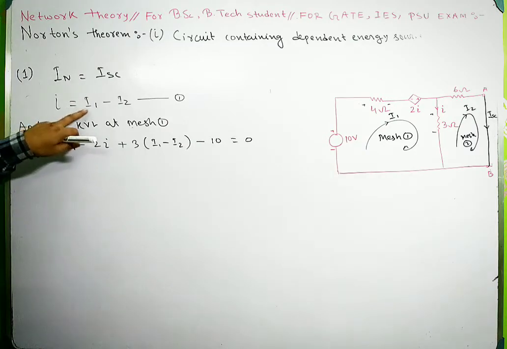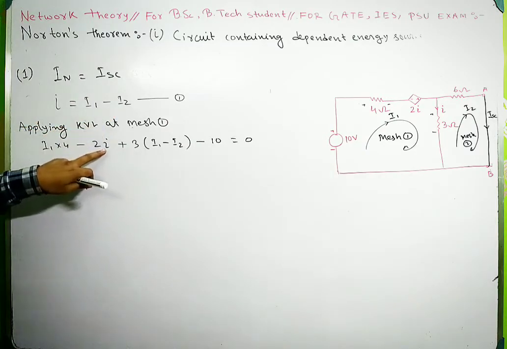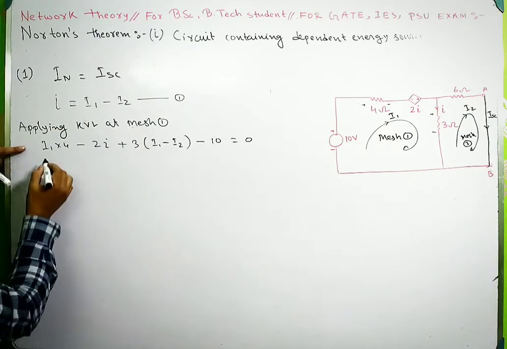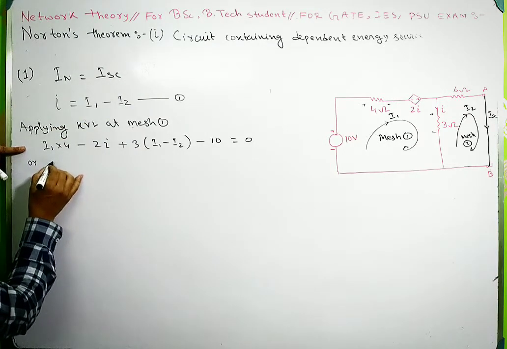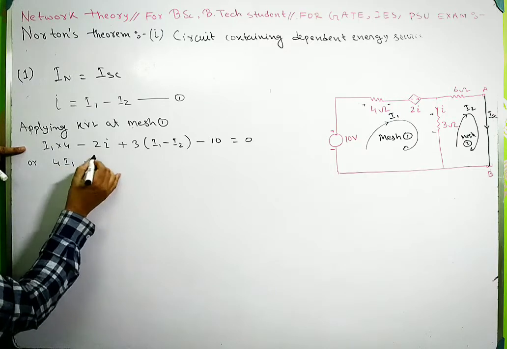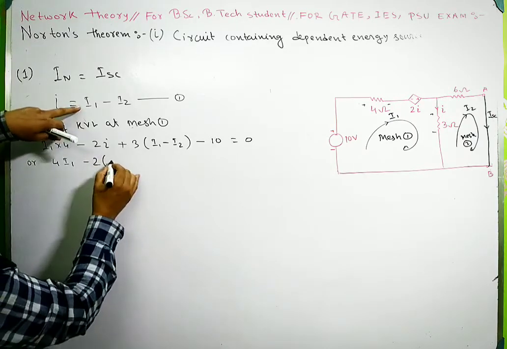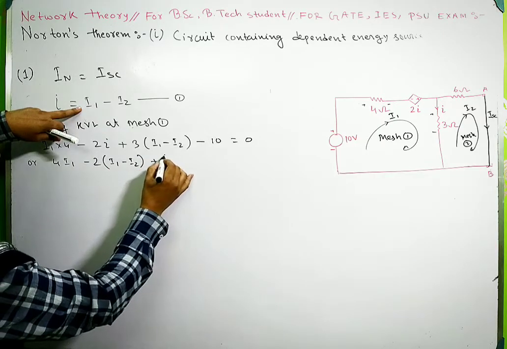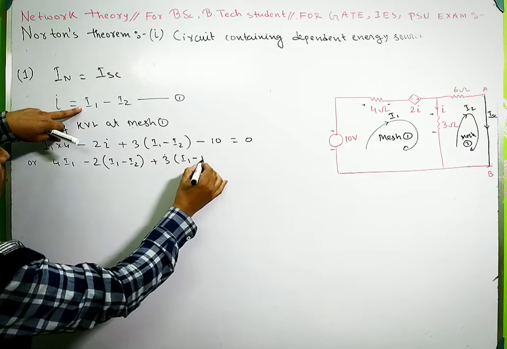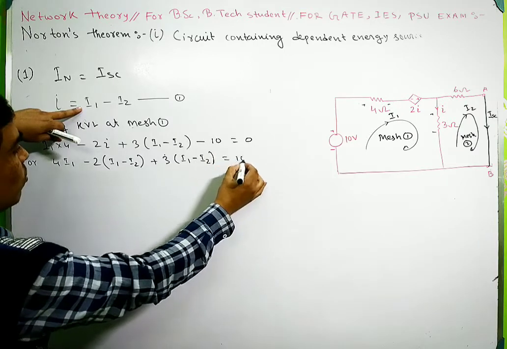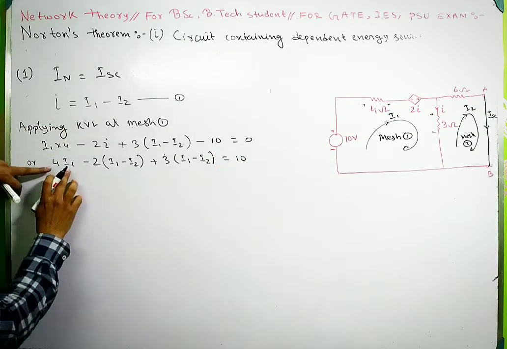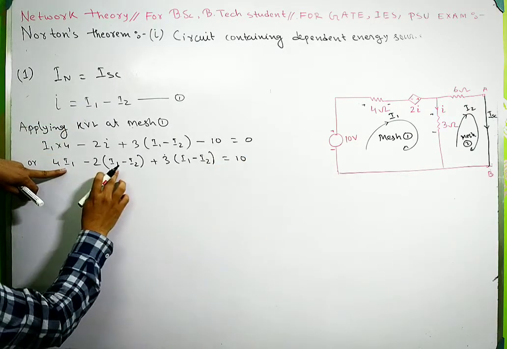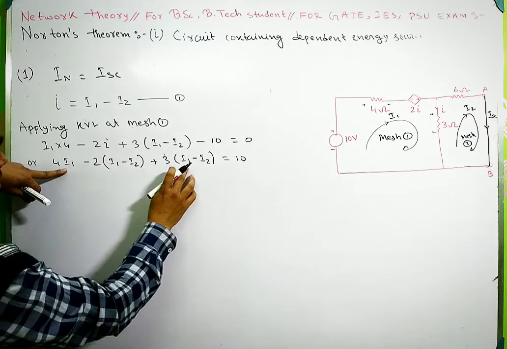If I put the values of I1 and I2 instead of I, what will be the equation? This is 4I1 minus 2 times I1 minus I2 plus 3 multiplied by I1 minus I2 equals 10. So this is 4I1, this is minus 2I1 and this is 3I1.